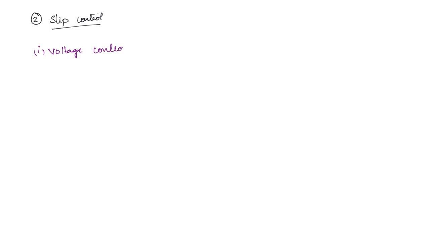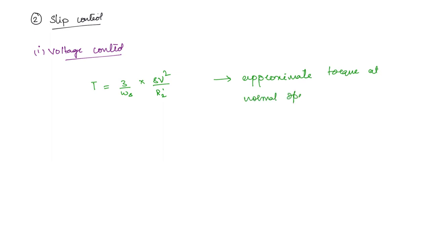By controlling the voltage, we can control the slip. If you remember, the torque expression we got was 3 by omega s into s V square by R2 dash. This was approximated, or approximate torque at normal operating condition. Because under normal operating condition, slip is very small, so R2 dash by S will be quite big as compared to the reactance.